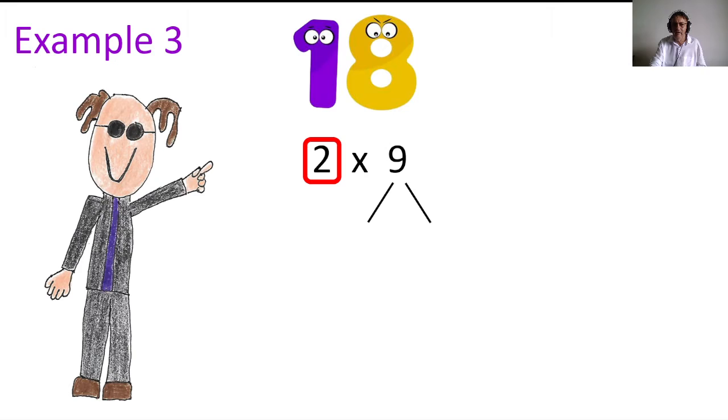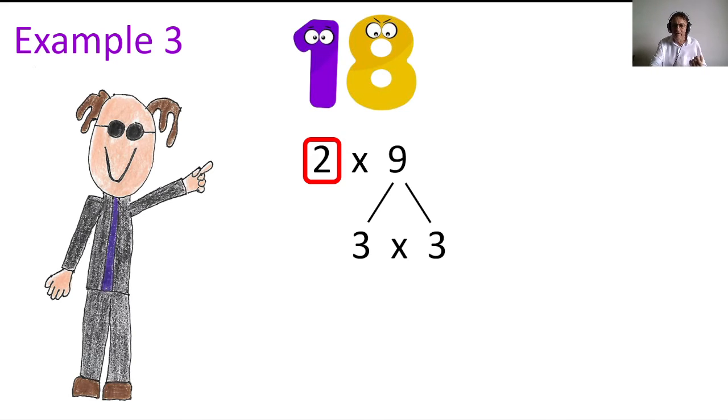So we draw two little lines, and we now need to find the prime factors of 9. Now, 9 is an odd number, so it cannot be divided by 2. So we try the next lowest. Next lowest is 3. 9 divided by 3. Yes, it works. What is the answer?